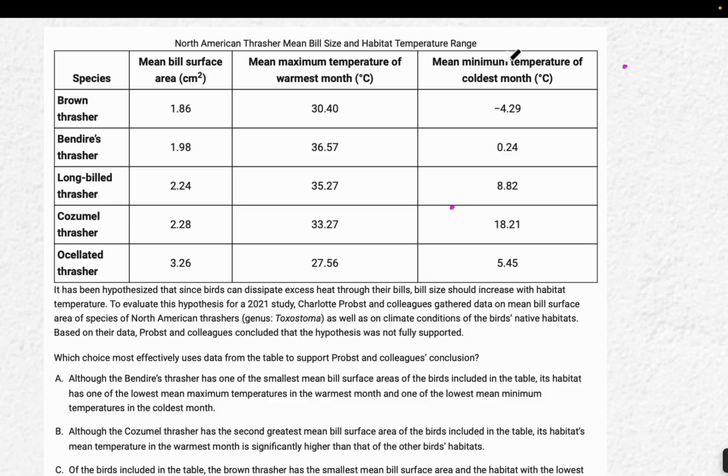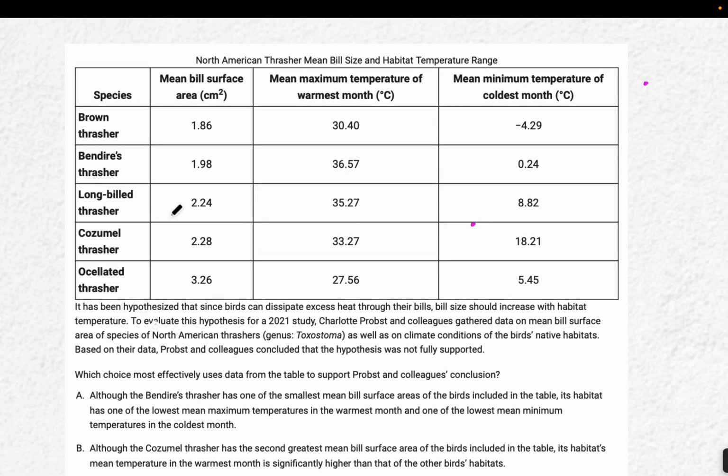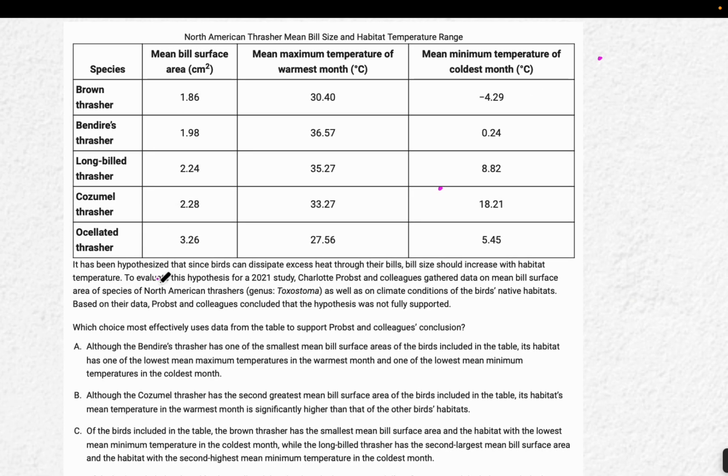The table lists the warmest month's maximum temperature, the coldest month's minimum temperature, and bill surface area for five species: Curve-billed, Brown, Crissal, Long-billed, and others. Okay, so now we read the claim for this type. Let's please read most of the parts.